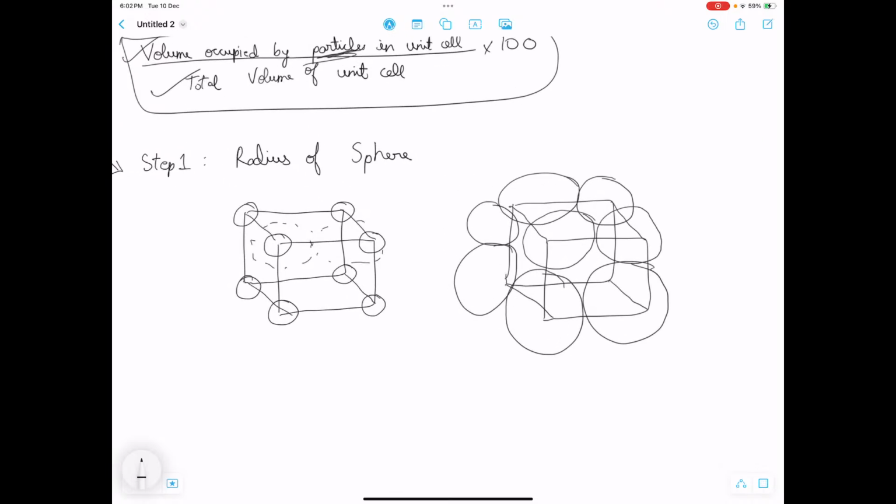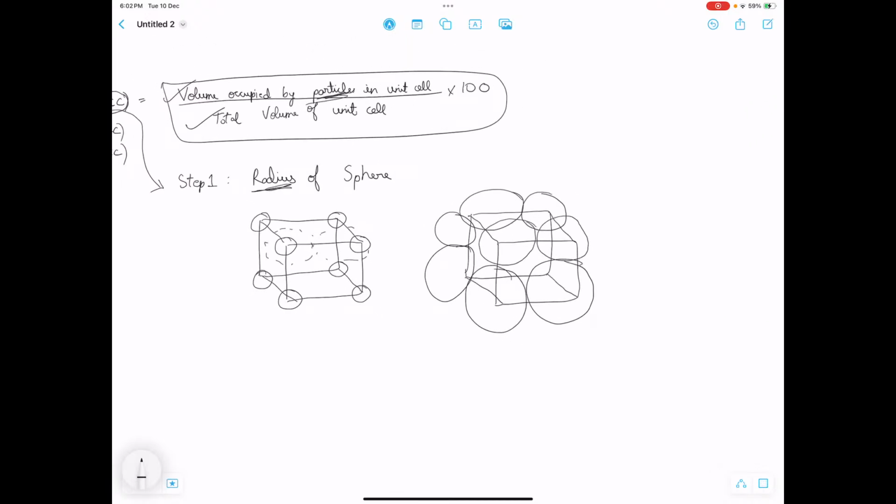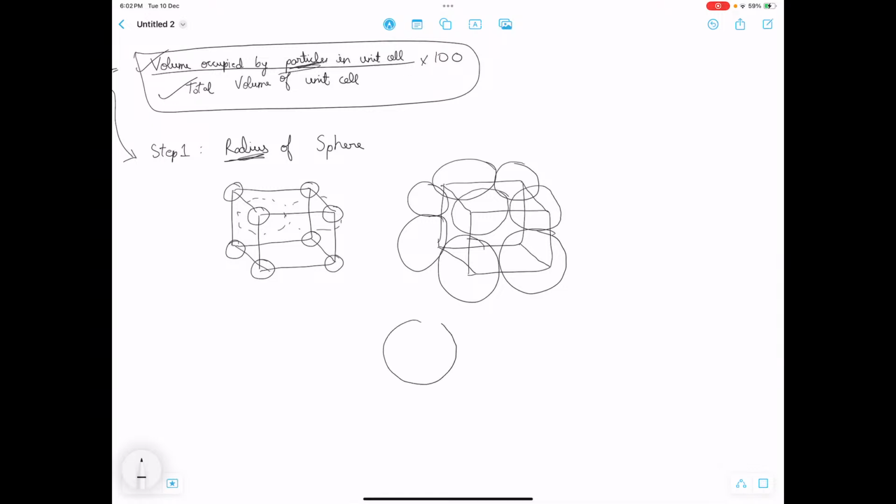So now we need to find the radius of the sphere. If we consider one atom like this, it will have a radius. Let's take this atom as this one. So this has a radius and this has the radius. They are both the same. My drawing does not look the same, but it's the same radius.